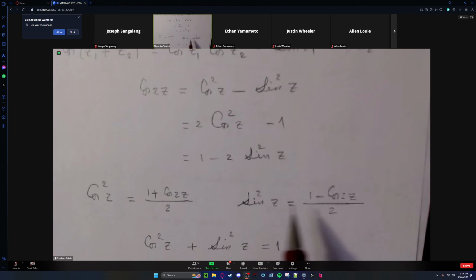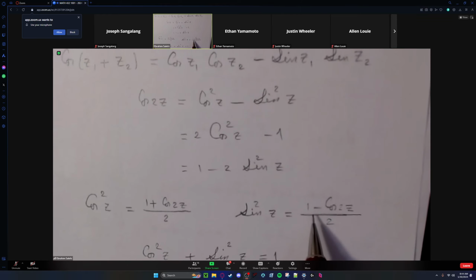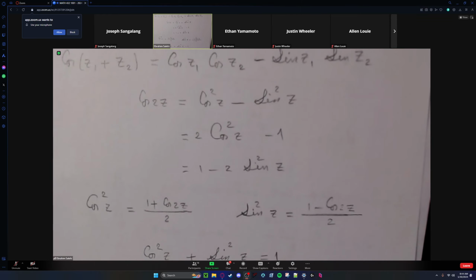We used these two in integration theory. One of the techniques of integration, when you want to integrate an even power of sine or cosine, you use these two to reduce the power of sine and cosine, all right?